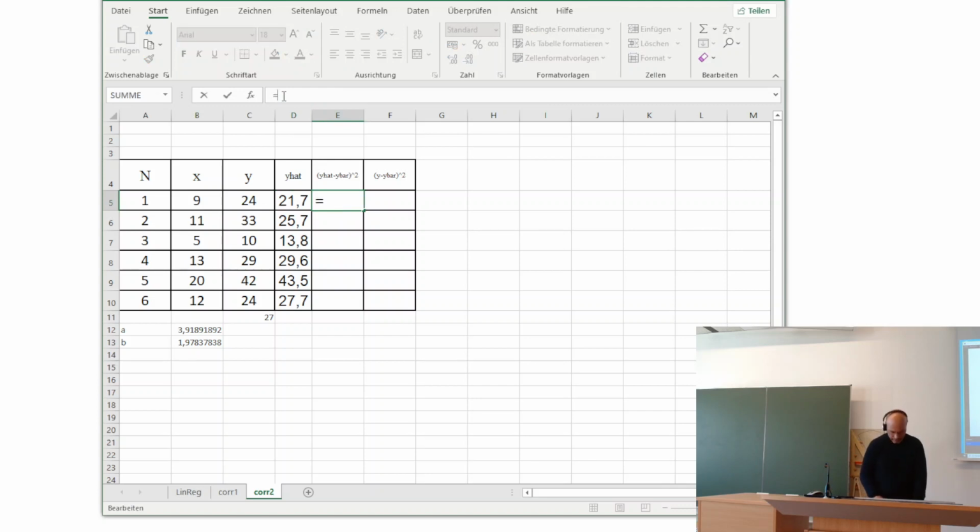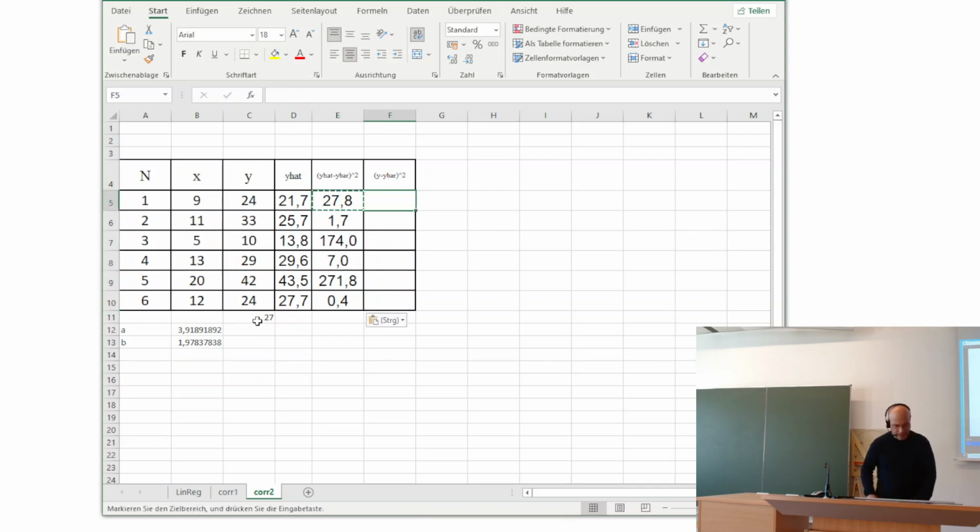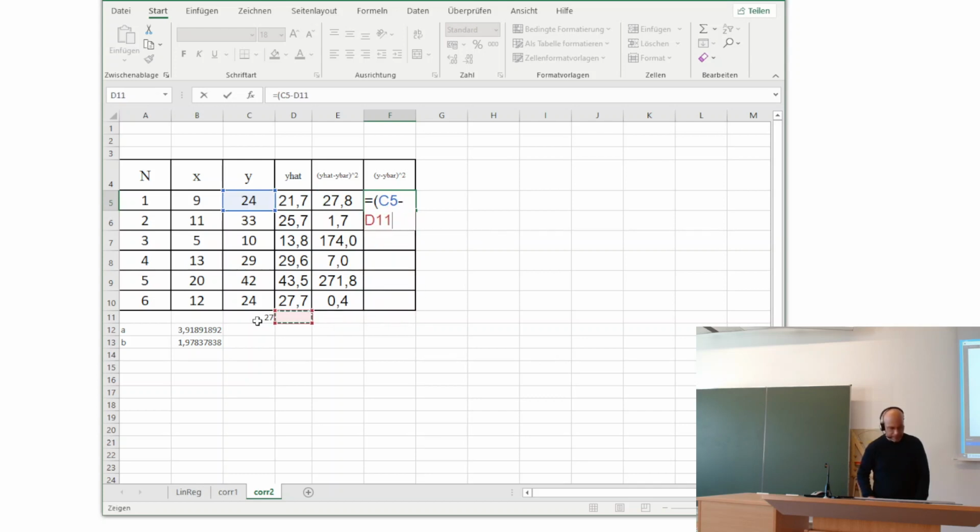So equals, opening brackets, y hat minus y bar fixed, closing brackets, squared. Closing brackets, squared. Now hopefully it works. And y minus y bar equals y24 minus y bar fixed squared.